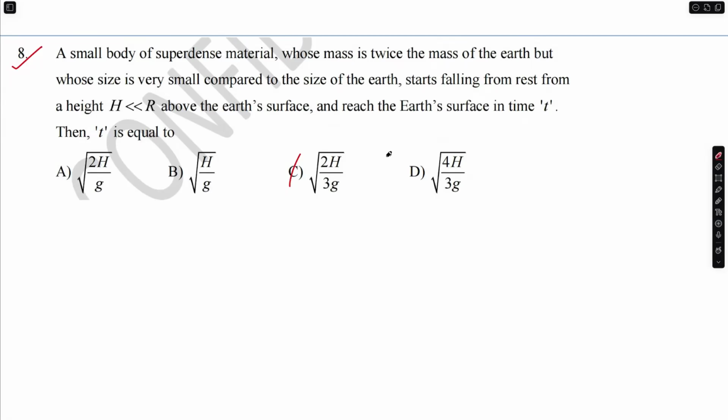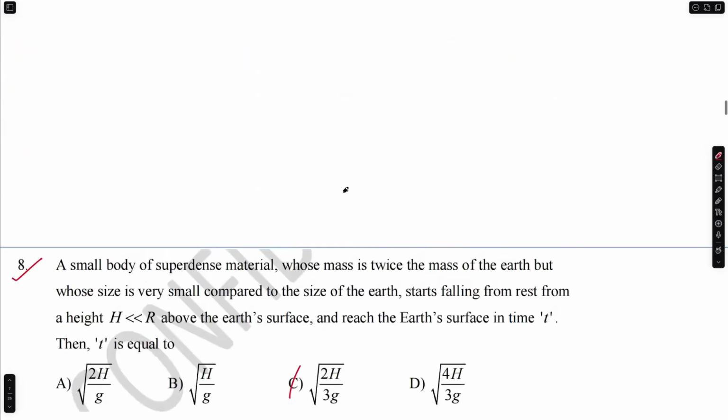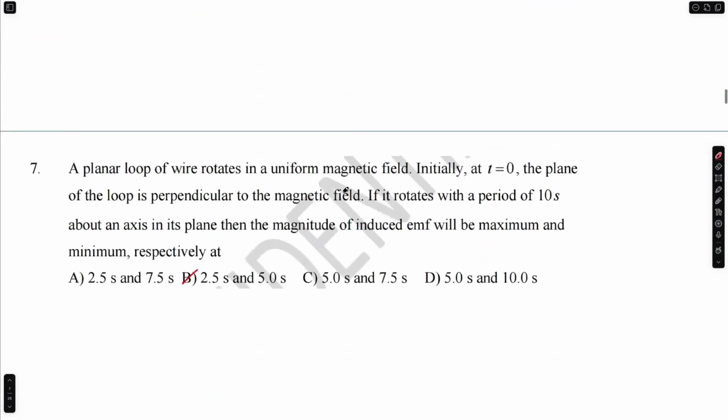Please try to understand. In this case, a lot of people will do h is equal to half g t squared. Wrong. You are not supposed to do that. So it's a bit lengthy question. I'll do it later, because it will take time. I'll postpone this because time is the criterion for me.